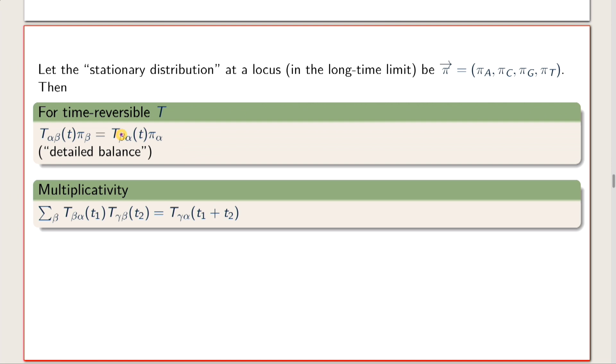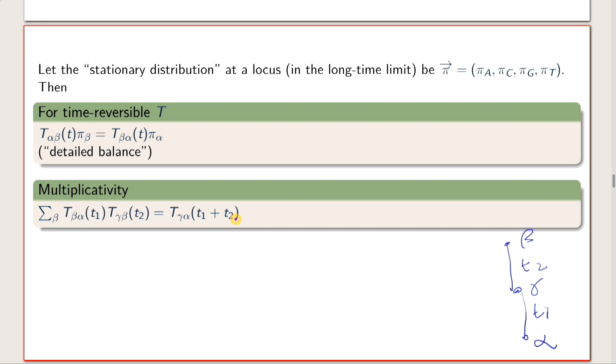You also have a property of T, which is multiplicativity. Essentially, what this means is, if you had an ancestor beta and it evolved over time t2 to gamma, and then it evolved over time t1 to alpha, then the transition matrix from beta to alpha over time t2 plus t1.